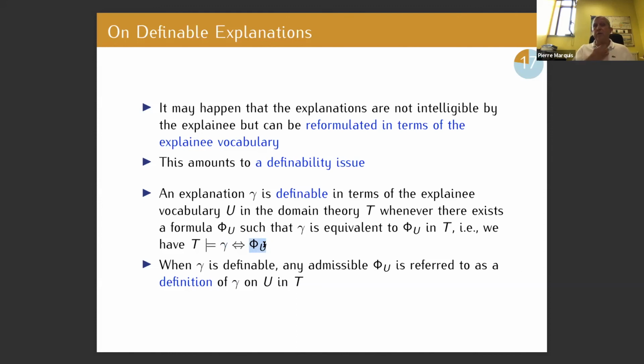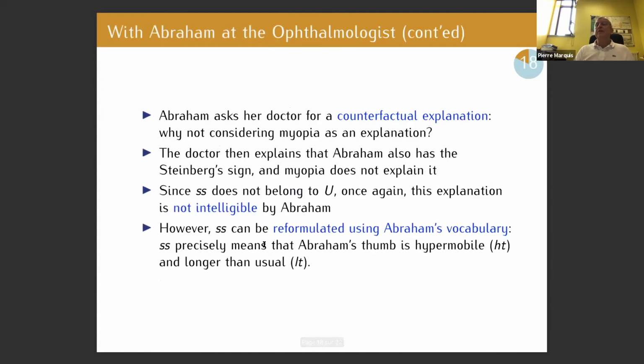Here, the user vocabulary. And for instance, to pursue with the Abraham case, Abraham at that stage may ask a doctor for a counterfactual or contrastive explanation. Why not consider myopia as an explanation? And in that case, the physician can just explain, okay, I have seen Steinmetz's sign, and myopia does not explain Steinmetz's sign.